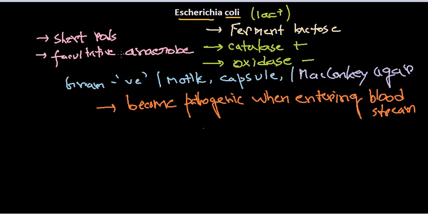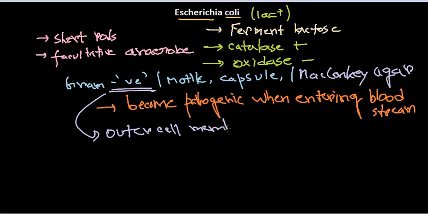So Escherichia coli can be divided depending upon the different antigens present in their outer membrane. As they are gram negative bacteria, I should have told this earlier, they have an outer cell membrane, right. Now this outer cell membrane contains lipopolysaccharide, or LPS.